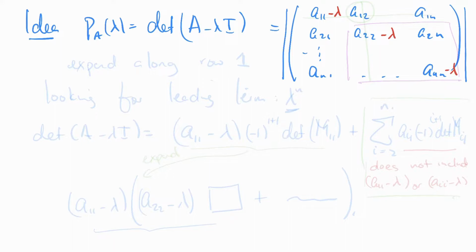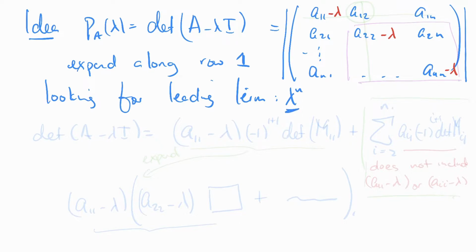Let's take the determinant by expanding along row 1. And remember, we're looking for the leading term, the lambda to the n term.